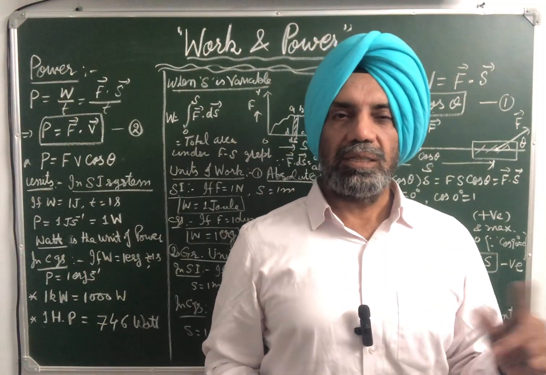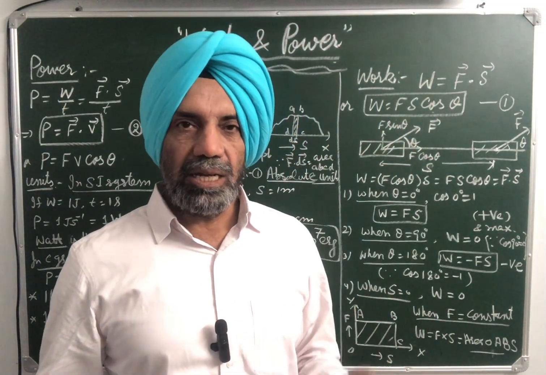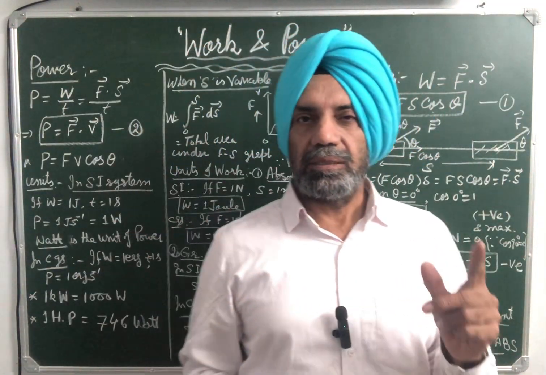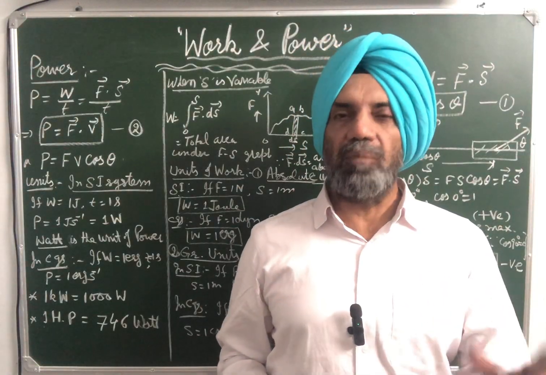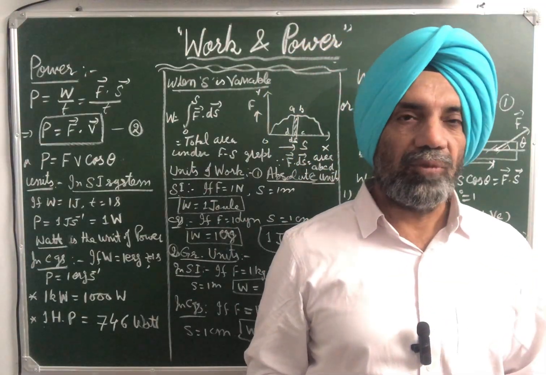So work done is 0 because the angle between F and S becomes 90 degree. So cos 90 is 0. But if he is being accelerated, then there will be some work done.